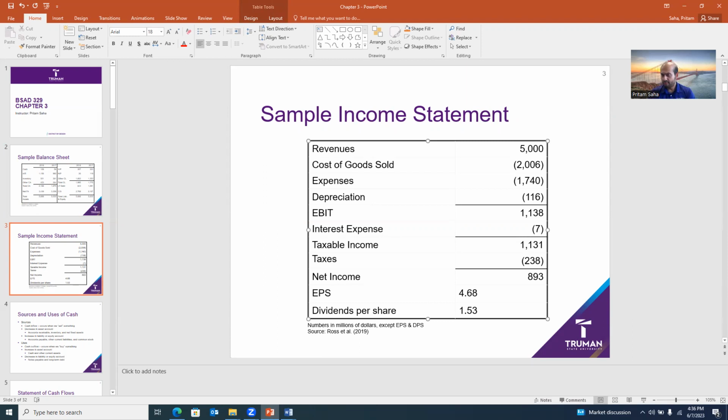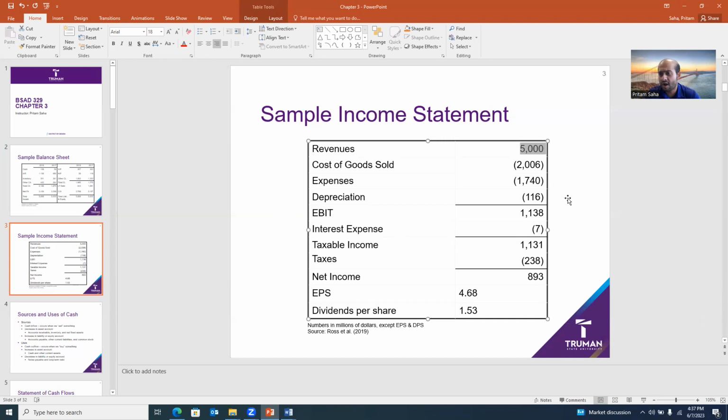Now, if we look at balance sheets or income statements, there is no benefit in just looking at these raw numbers. Just looking at a company producing $5,000 of revenue, it's really hard to tell whether they're doing well or not. If you want to evaluate a company's business operations, income, assets, liabilities, raw numbers make it hard to tell.